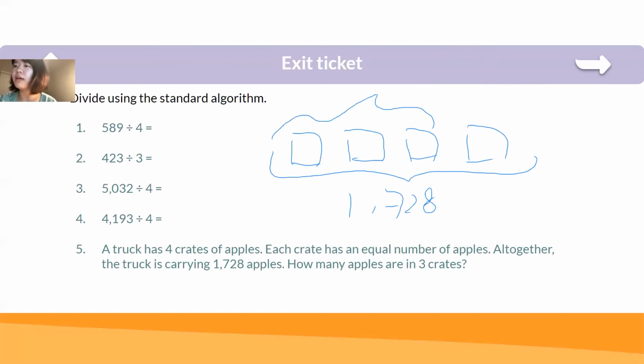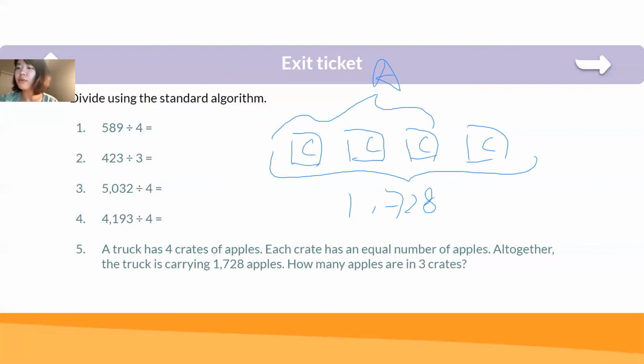So I will give a letter A. And we have to look for the apples in each box, and I will give a letter C for each box. So we have to find letter C first, then we can combine 3 of letter C to get letter A. Okay, so let's start with it.